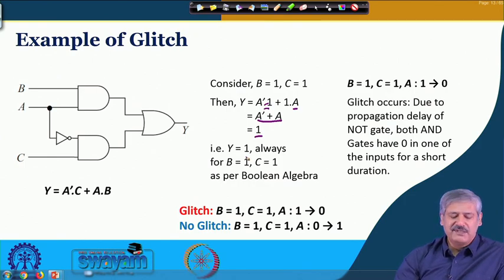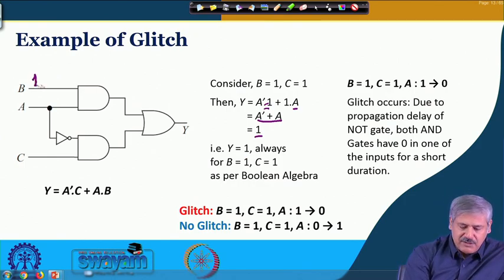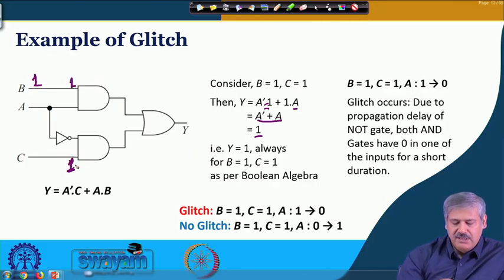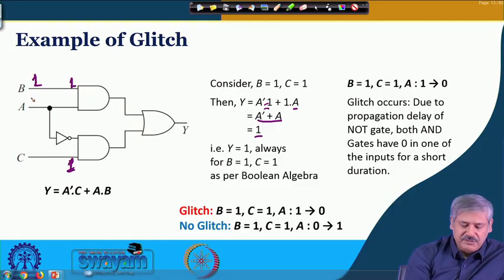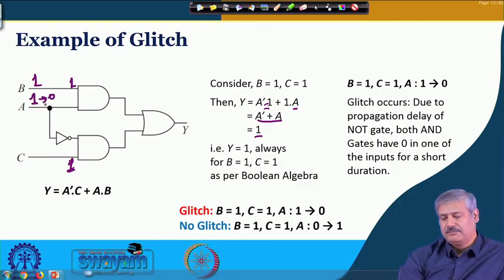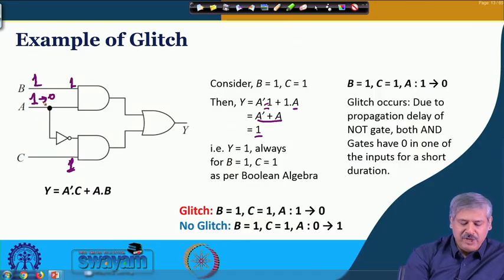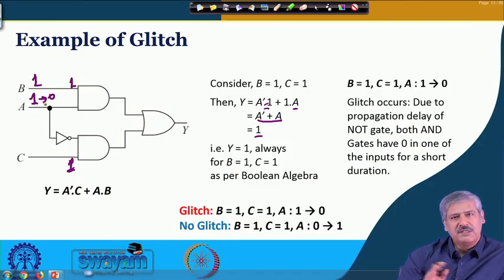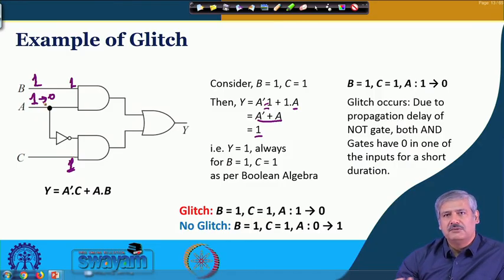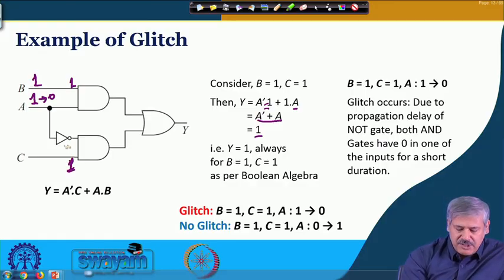Now, consider that B is at 1, C is at 1, and A goes from 1 to 0. When A was 1 in the stable condition before this change takes place, this NOT gate output was 0.